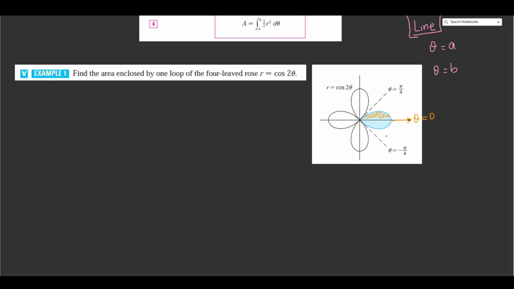At the end we will multiply it by 2 to get the area of one loop. So this is what we are going to do here. I will write it here so that you can understand.